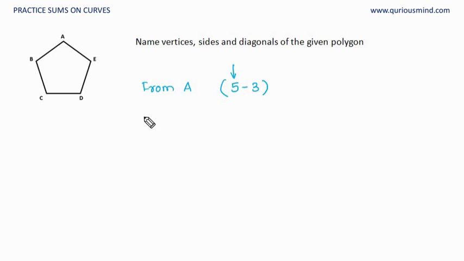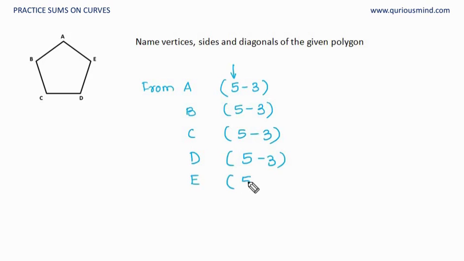So from B, again 5 minus 3. From C, again 5 minus 3. From D also 5 minus 3. And from E also 5 minus 3 diagonals. So in total, 5 times 5 minus 3 diagonals I will be able to draw.